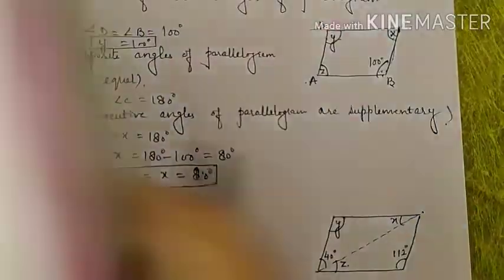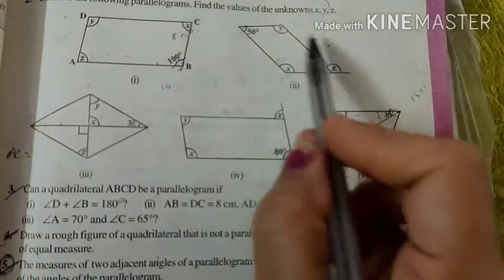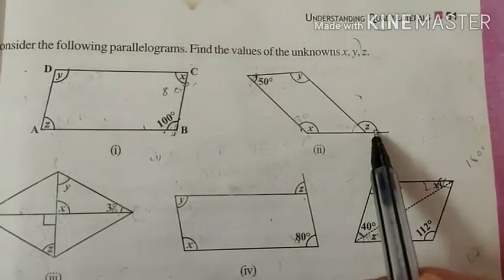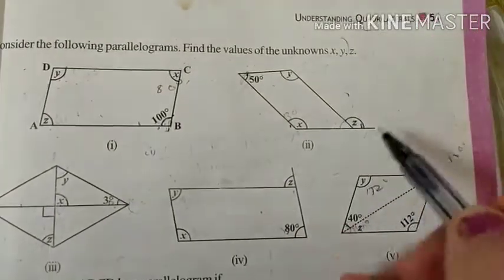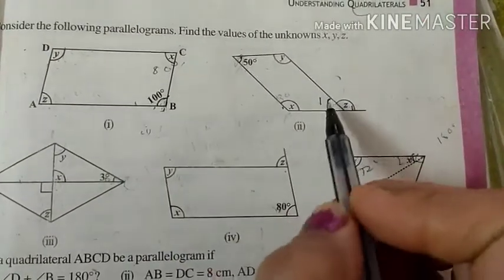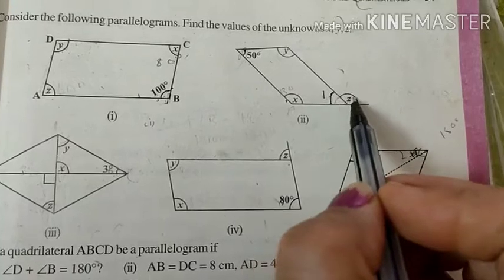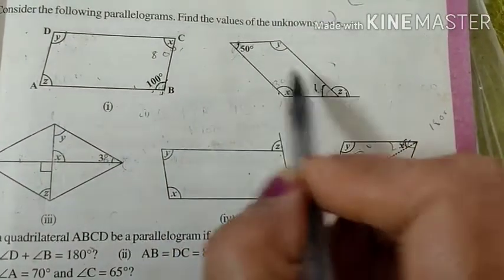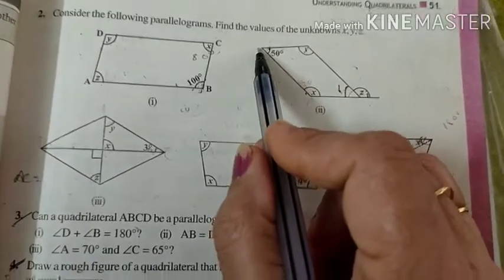Now see question number 2. In question number 2, one angle is given and you have to find the unknowns. Here you can name this angle as 1. Now angle 1 is equal to 50 degrees because these are opposite angles.